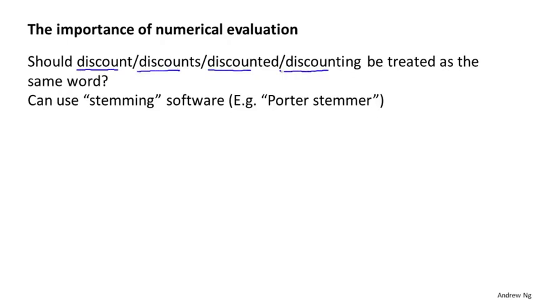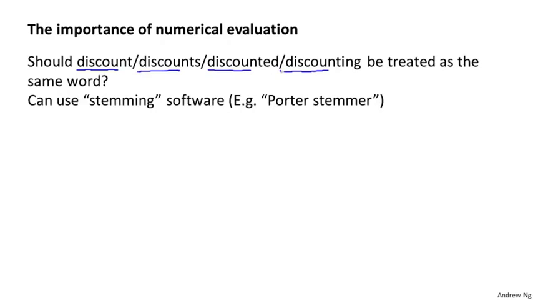In natural language processing, the way that this is done is actually using a type of software called stemming software. If you ever want to do this yourself, search on a web search engine for the Porter stemmer, and that would be one reasonable piece of software for doing this sort of stemming, which will let you treat all of these words, discount, discounts, and so on, as the same word.